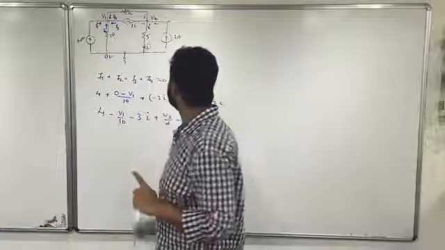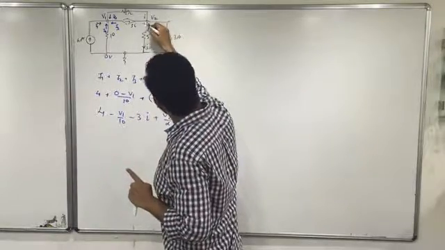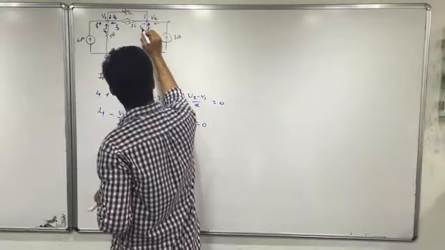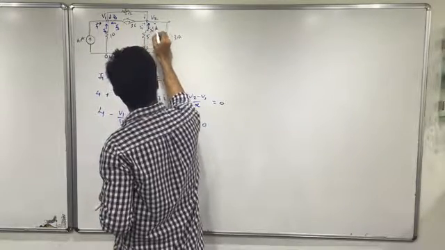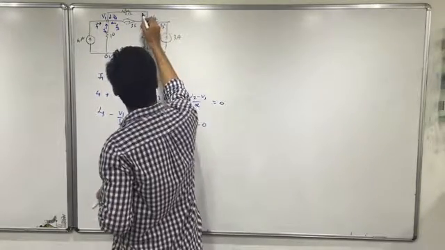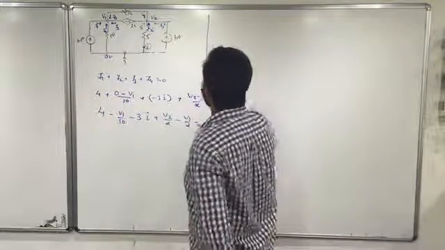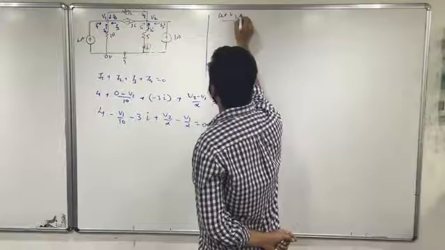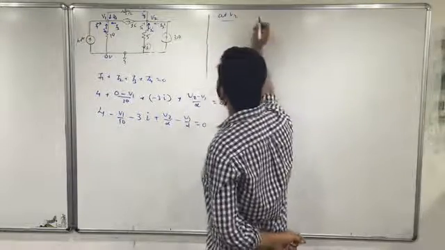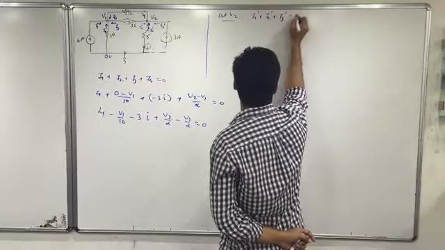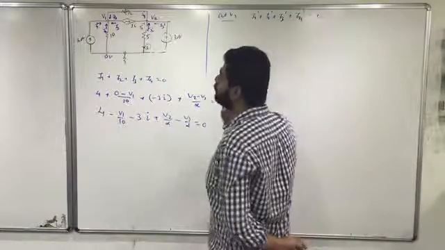You should know what you are doing. So if I consider this direction, I will say that this is I1 dash, I2 dash, I3 dash, I4 dash. So I can say that at V2, I1 dash plus I2 dash plus I3 dash plus I4 dash is equal to 0.